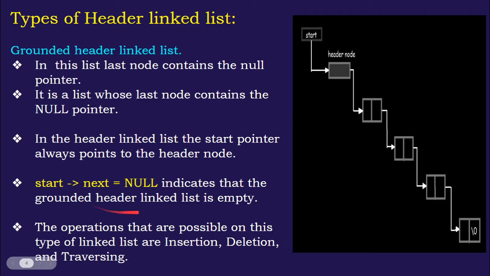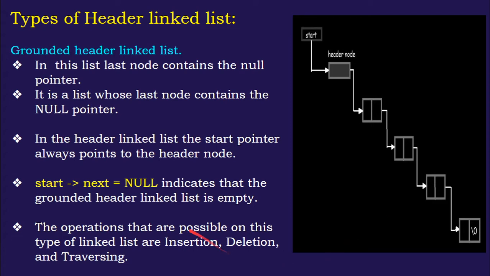Suppose there is no element in the list, that means start of next will be directly null, because if the list is empty, there are no nodes to mention. So directly the start will be pointed to the last null. That is an empty linked list.